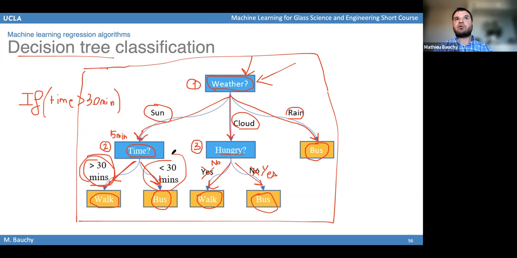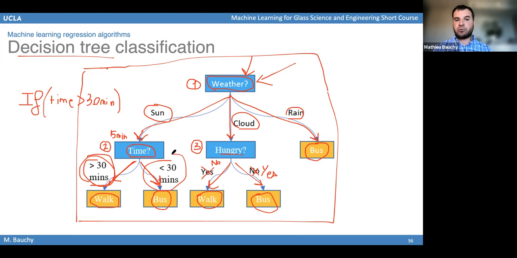Each of those trees is going to make one prediction. So each of those trees is going to tell you, you should walk or you should take the bus. And then you can have some kind of voting system, where if most of the trees predict that you should walk, then the forest is going to tell you that you should walk. Or if most of the trees predict that you should take the bus, then the forest model will tell you that you should take the bus.